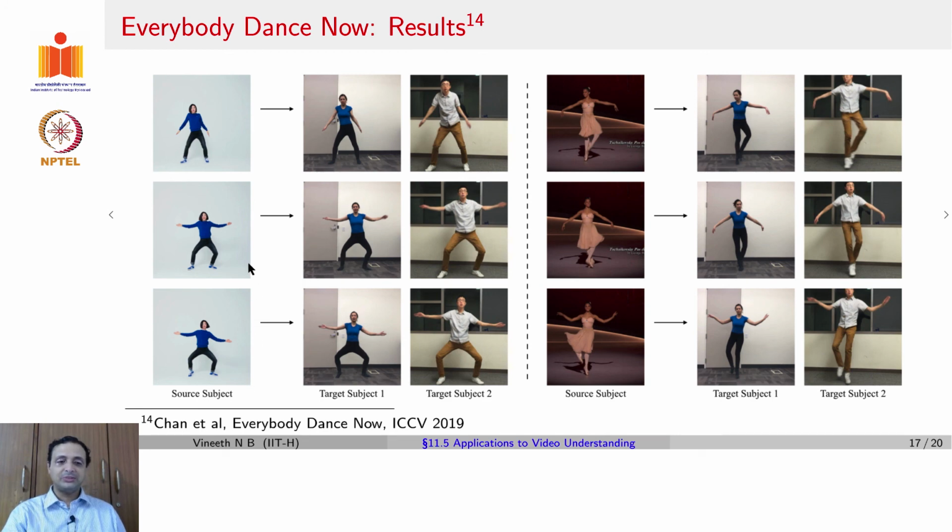Here is a source subject and the source subject's corresponding poses, and these poses are now translated to a target subject who now shows the same pose in different scales, in different backgrounds, with different body structures, including male and female. A similar example is also seen on the right side here.